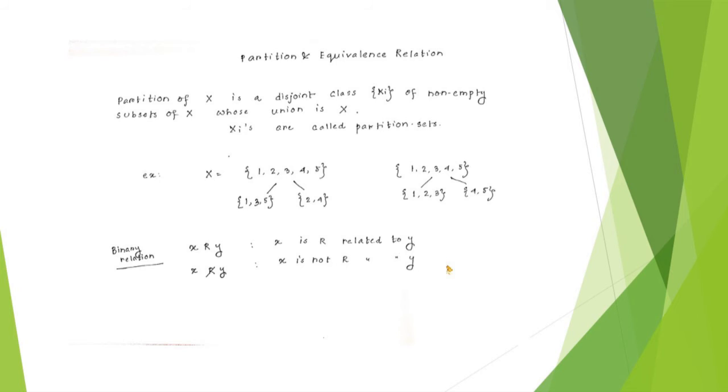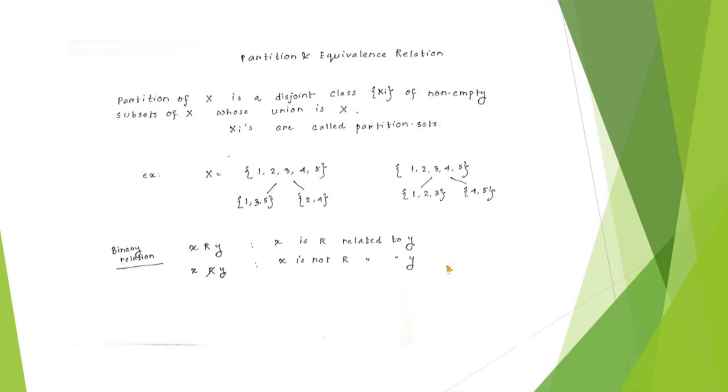So now we are going to discuss what a partition is. A partition of a set X is a disjoint class of sets capital Xi, they are all non-empty subsets of X, whose union is the full set X itself.